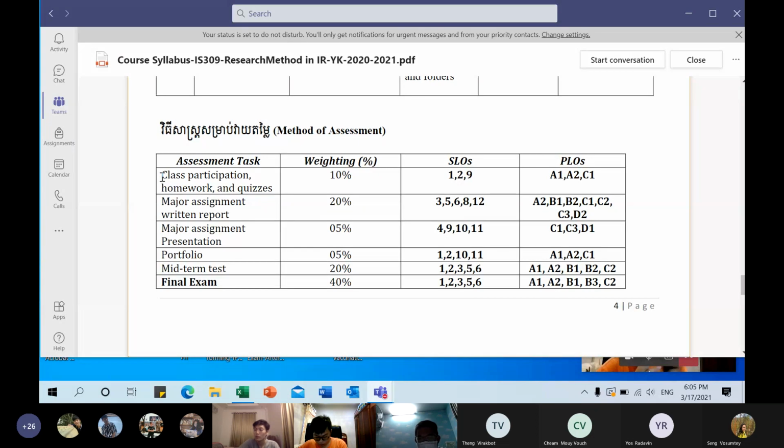You can name the folder like IS309, your class E3.1, and academic year, you just put 2021, something like this. And you keep the Word file of the research questions that you developed today in the folder.